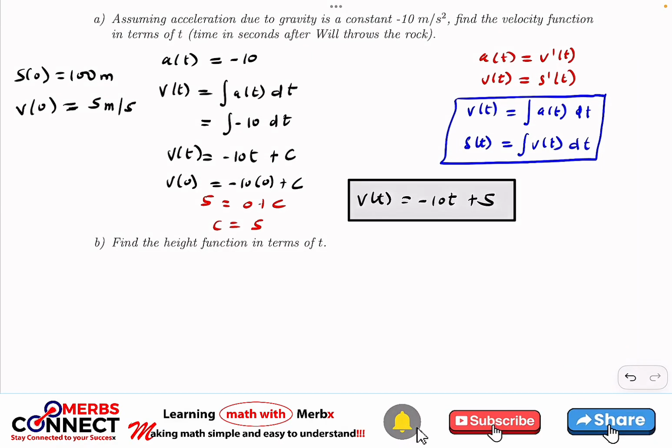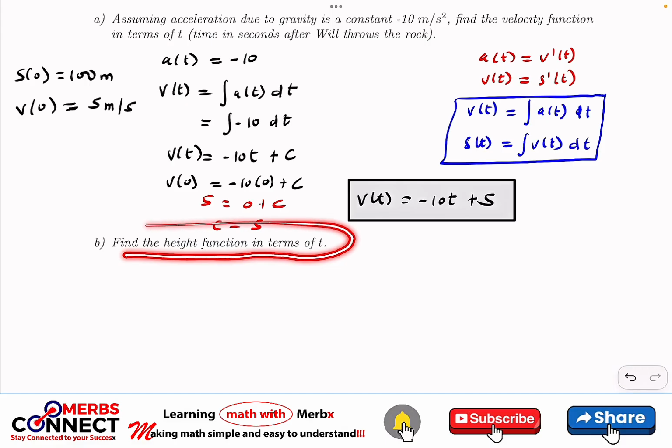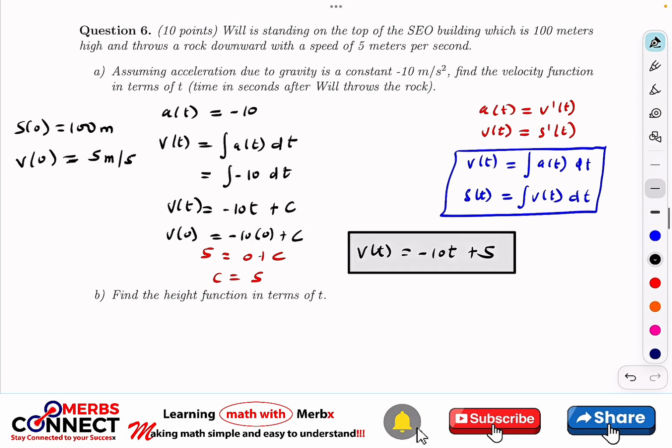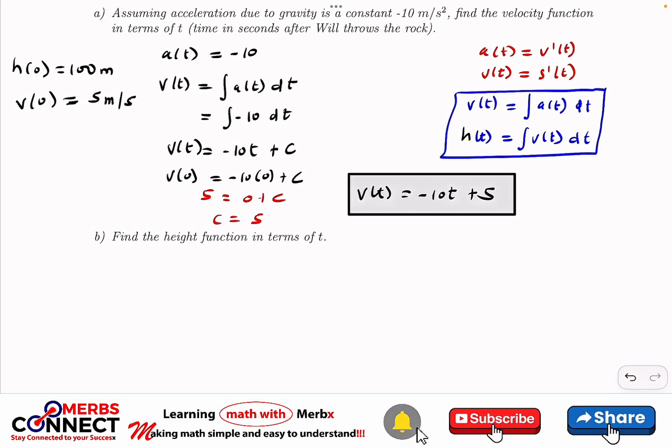Now, the next one is find the height in terms of t. So the height is, okay, so since the question is saying the height, let me say h instead of s, right? So that we can see that this is the height, right? So the height is just taking the entire derivative of the velocity function, I mean the integral.